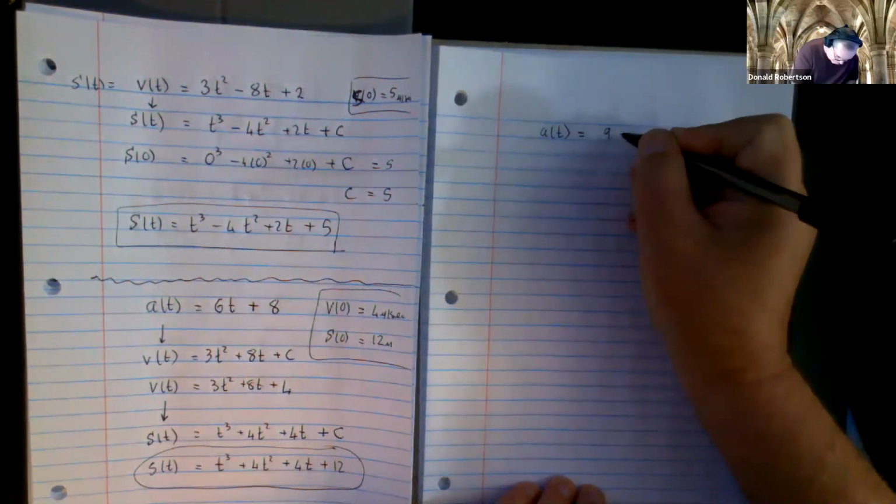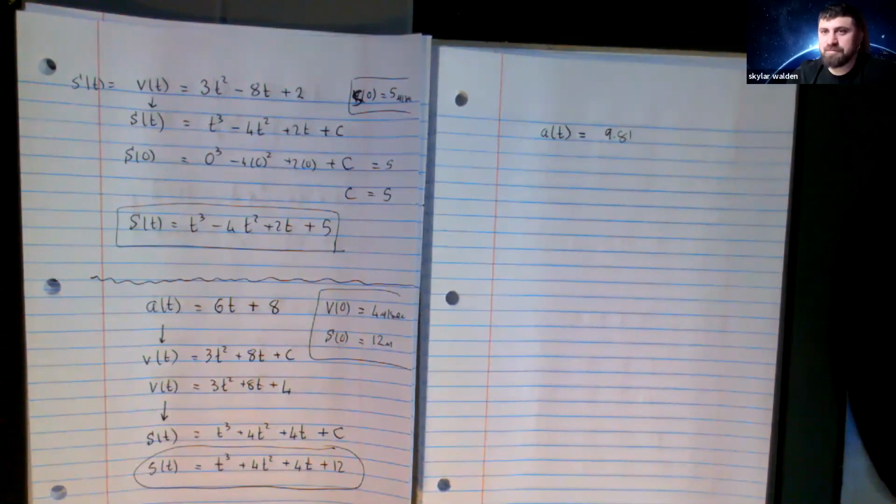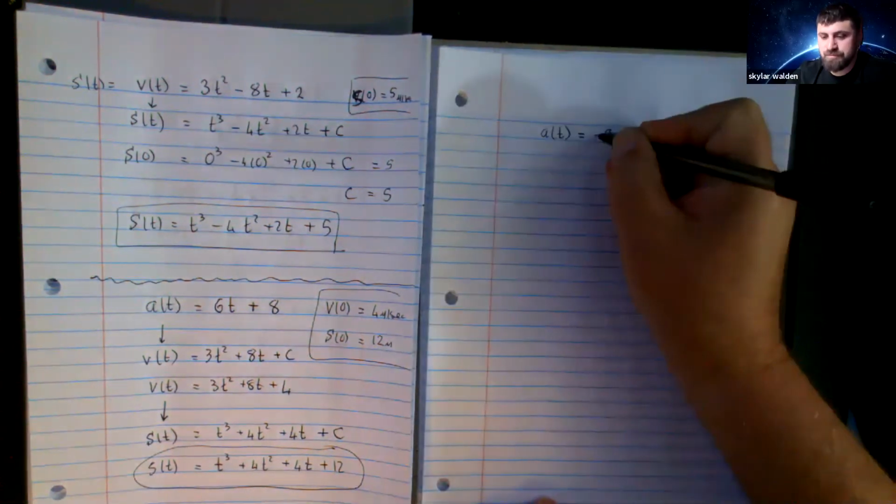Well, gravity goes at 9.81. Okay. Positive or negative? What does gravity do? Is it an upwards thing, or is it a downwards thing? Correct. It'll be negative.